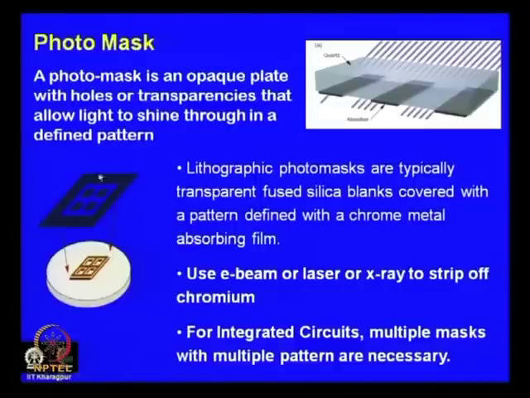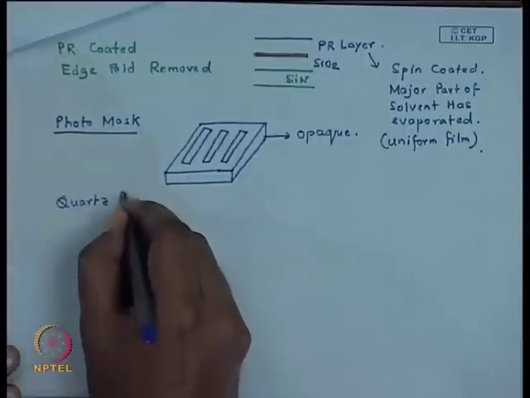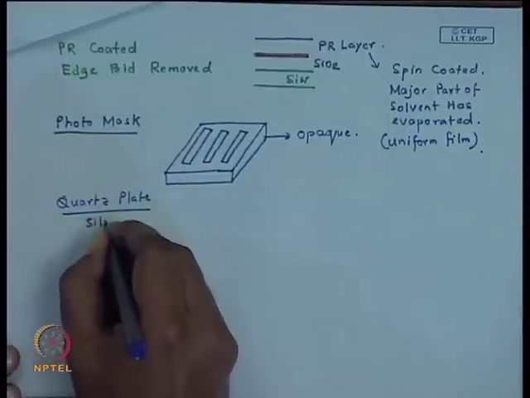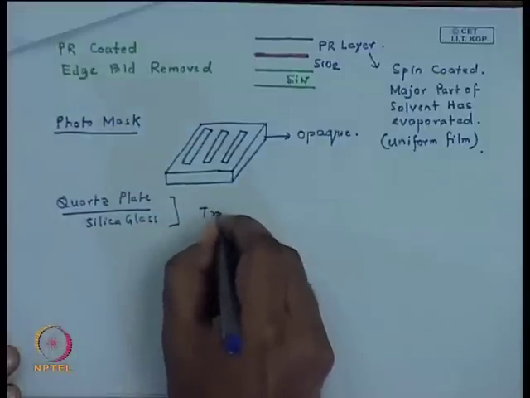That is obvious now, you probably understand it. So, typically what is the material of construction? Typically we take a quartz plate. Quartz is a pure silica glass which is transparent to UVO.